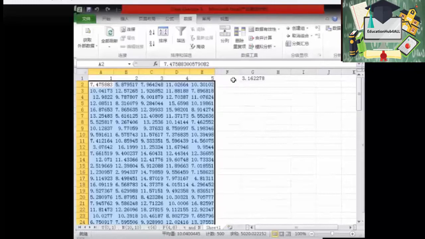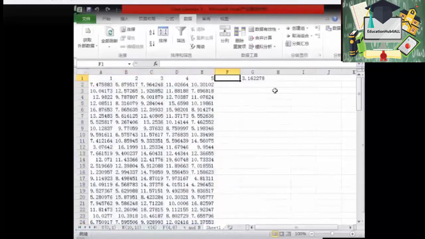Yours may be different, because this is random simulation, but it comes from the same distribution. Of course, a different computer has a different random seed, so this is normal. But later, when we see the distribution, your distribution should be the same as mine.